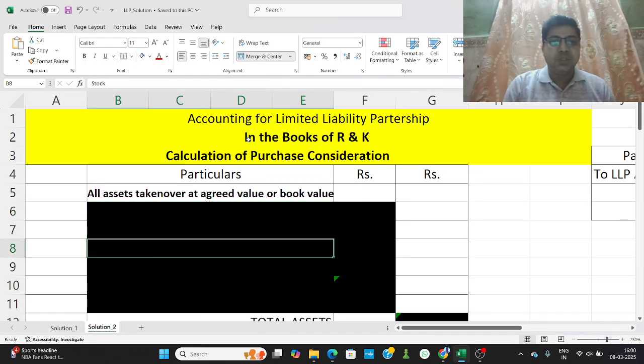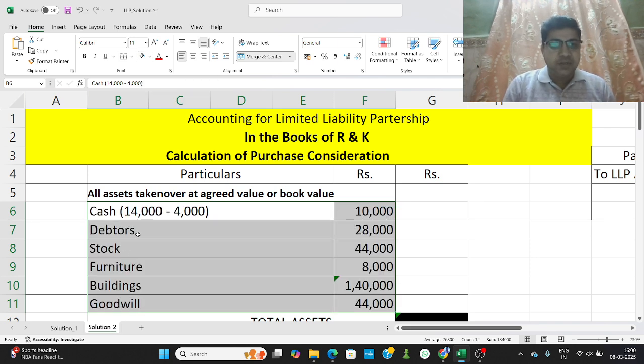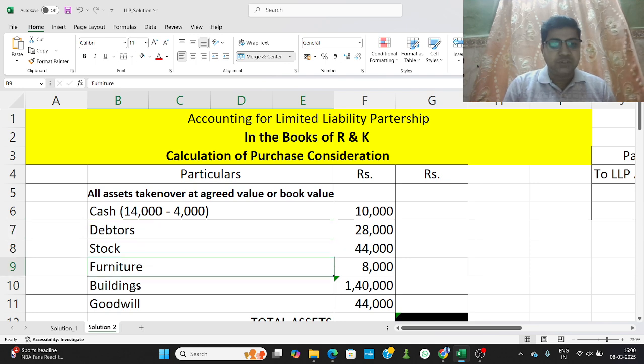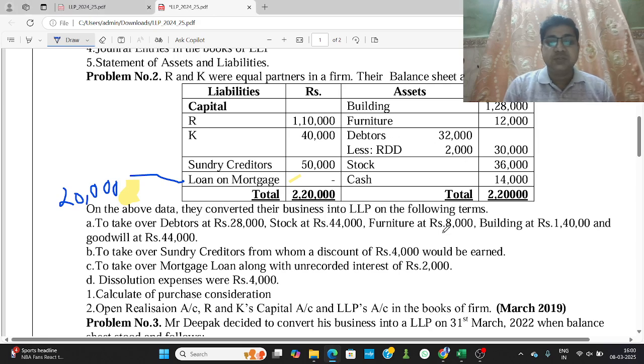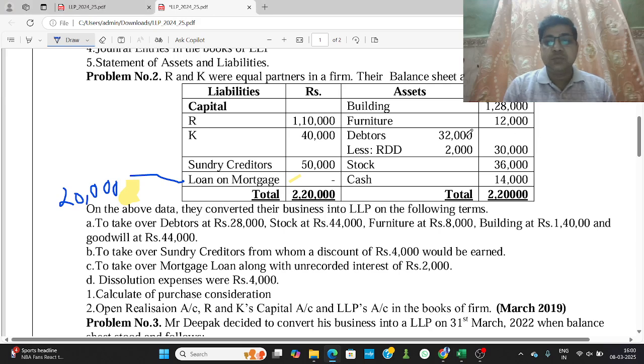So here, in the books of R and K, calculate the purchase consideration. All assets are taken over at agreed value or book value. So whatever assets are there, we have to keep at the agreed value: debtors, stock, furniture, building, and goodwill. Why? The debtors value is 32,000, and the RDD is 2,000, so the amount is 30,000.